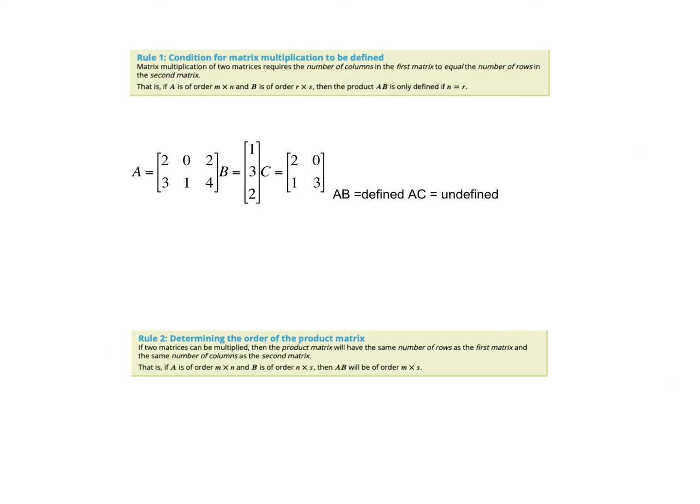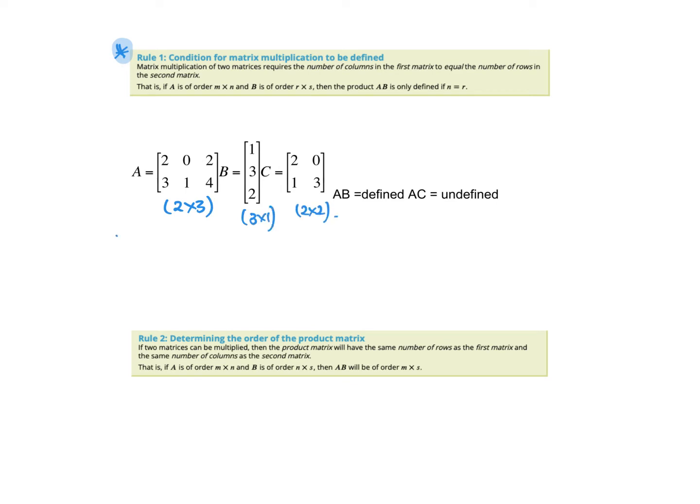Okay, so we've just seen the two rules that we need. The first one is written there. For two matrices to be multiplied together and to be defined, we need the number of columns in the first matrix to equal the number of rows in the second. Have a look at this example. If I put the orders underneath, this one's a 2 by 3, this is a 3 by 1, and this is a 2 by 2.